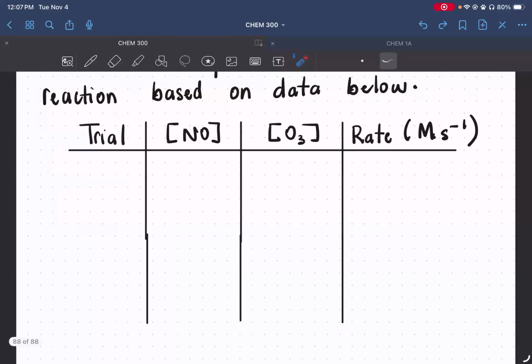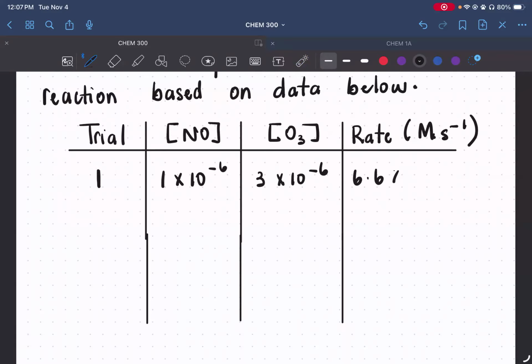I'm going to give you data for 3 different trials. Trial 1 has the following numbers. Trial 2, the following numbers.